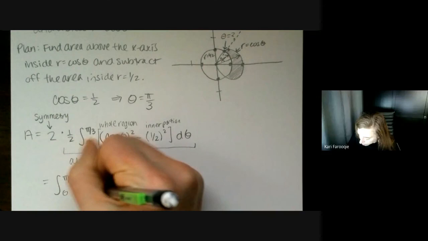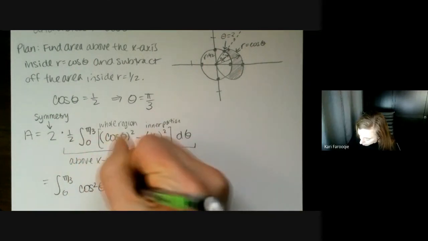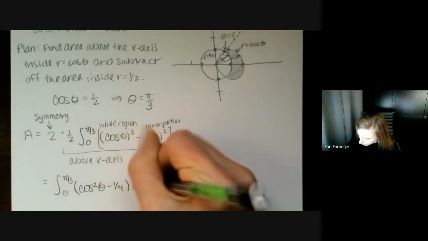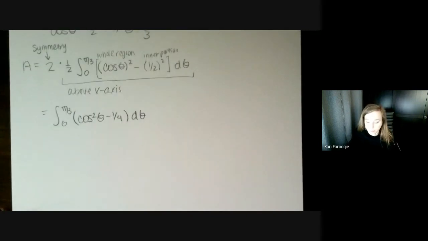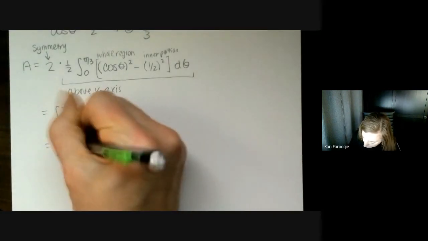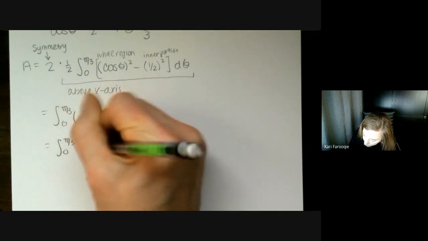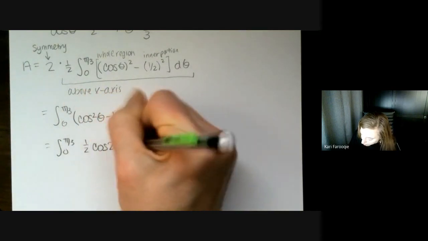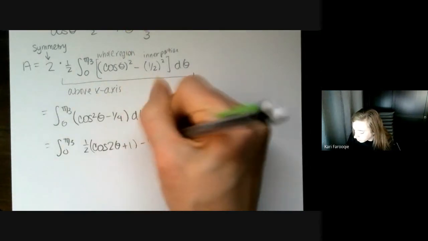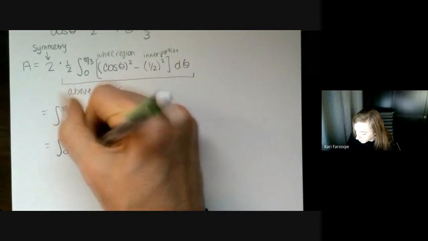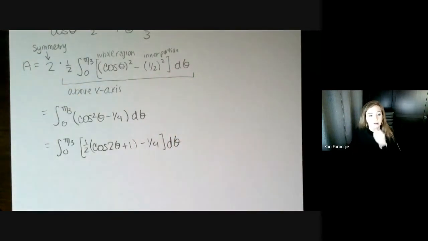So this will be cosine squared theta minus 1/4 d theta. And we're going to go ahead and switch this out using our formula. So this will be 1/2 times the quantity 1 plus cosine of 2 theta, d theta.